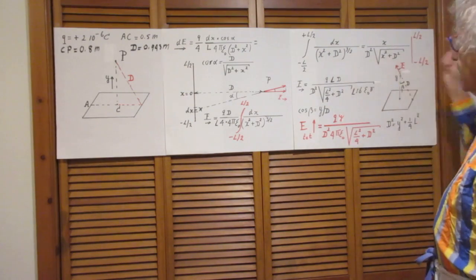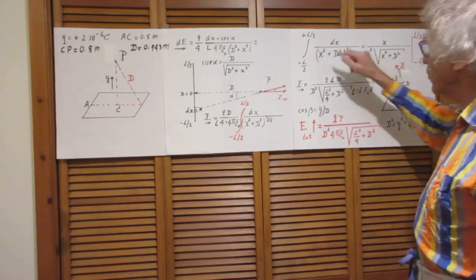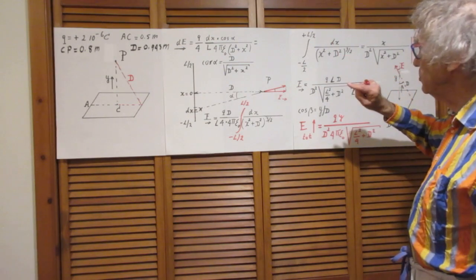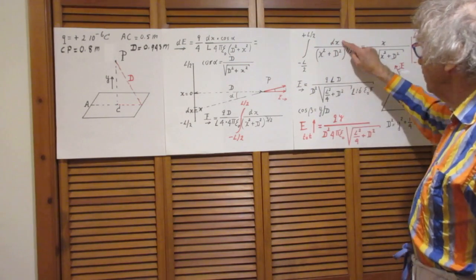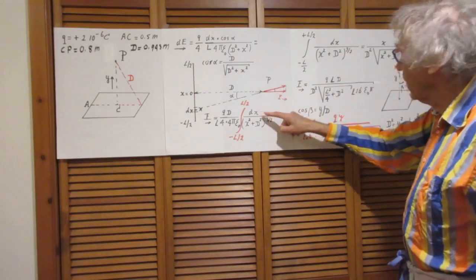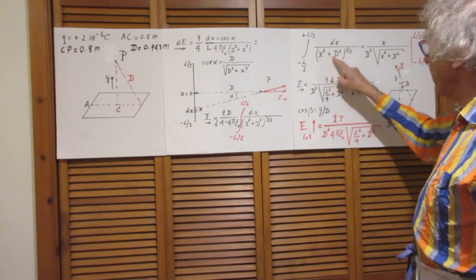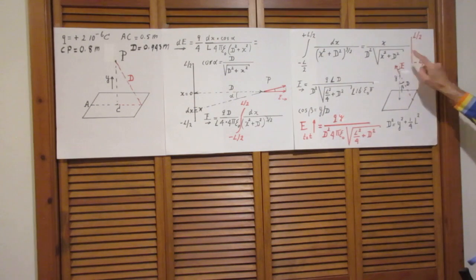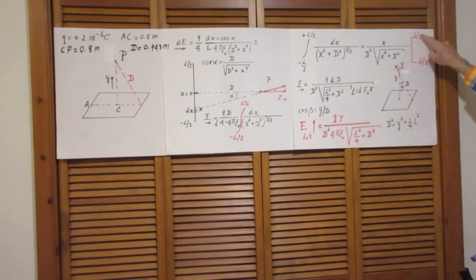So I give you here that the integral from minus L over 2 to plus L over 2 of dx divided by x squared plus d squared to the power 3/2 is this value. And I have to take that between minus L over 2 and plus L over 2.